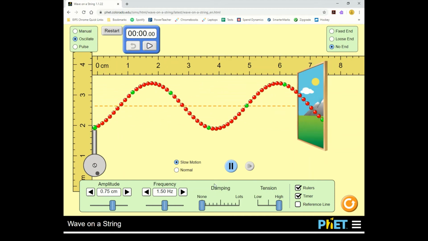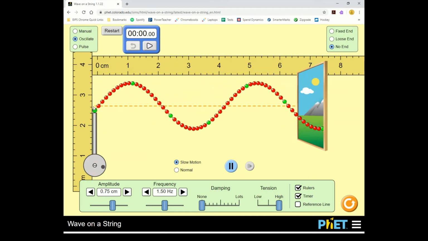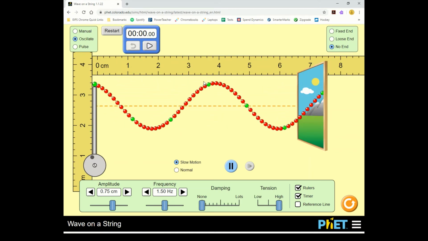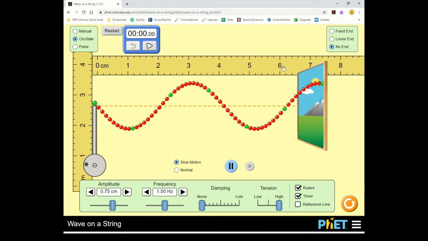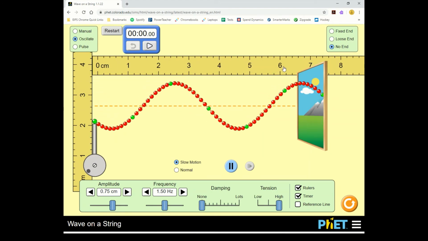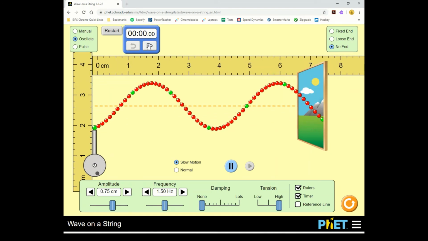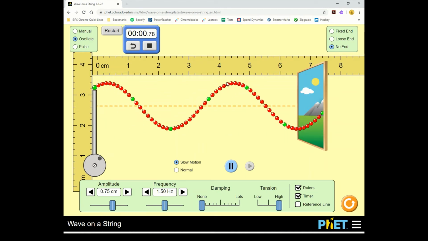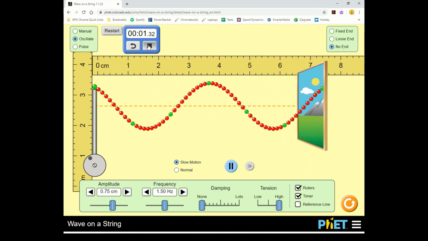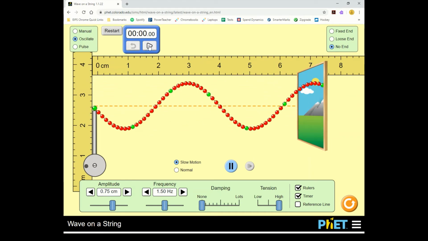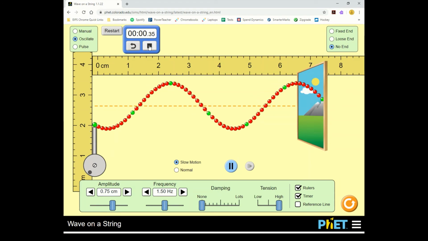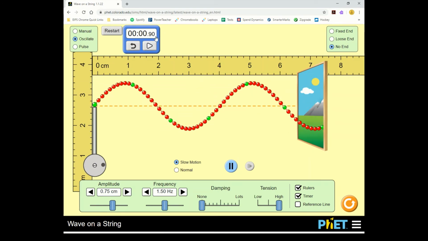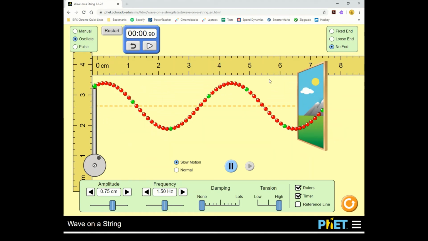So this is going to be our control group, and we're going to measure from when the green part gets up there how long it takes this wave to get to that 6 centimeter mark. Okay, so here we go. It's going, stop. Oops, shoot, missed it. Let's try that again, and go. So it's about 0.9 seconds to get there, right?